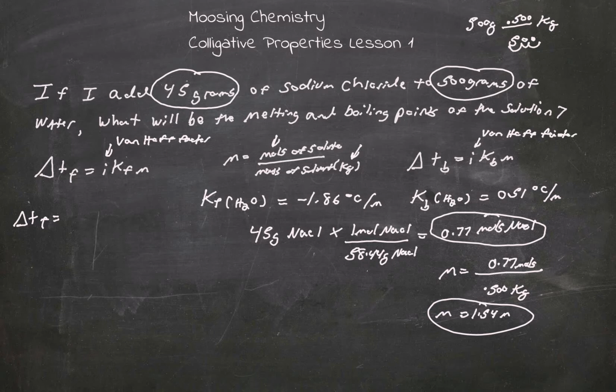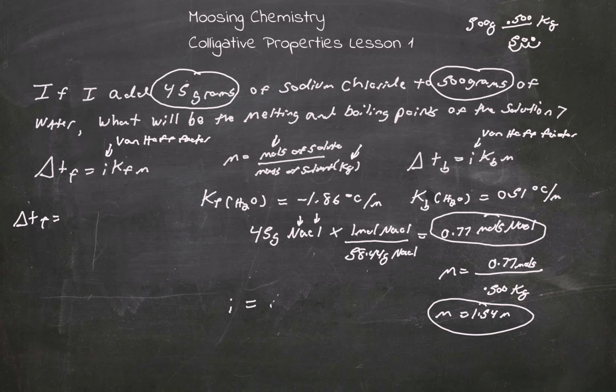So that means that there's one sodium ion and one chloride ion. So when NaCl breaks apart, it breaks apart into Na+ and Cl-. And this is what we're talking about for our i factor. So there are two ions. So i is going to equal 2. Okay, I'm going to let you look at that for a moment before I erase it. Okay, so let's go ahead and erase that real quickly because we do need the space.